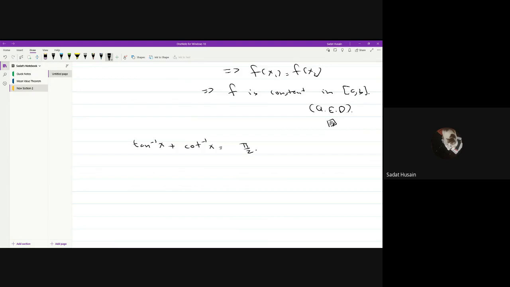So we have to prove this using the corollary. On the right hand side you have a constant value, it's always equal to pi over 2, whatever value for x you take.